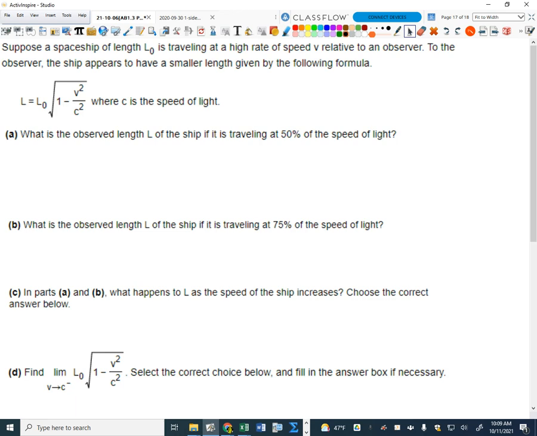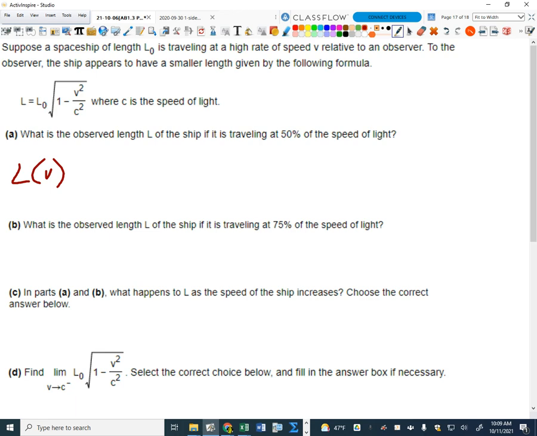What if our ship, the spaceship, is traveling at 50% of the speed of light? What's the observed length going to be? Well, we can just evaluate that, right? This is a function. We can write this as L of v, because v is the variable. c is constant, that's the speed of light. The rest length is constant.